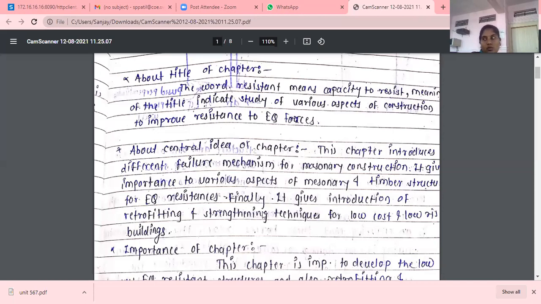Finally, it gives an introduction of retrofitting and strengthening techniques for low cost and low rise buildings.